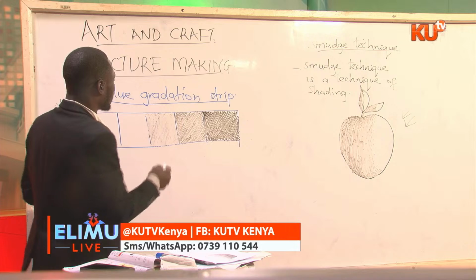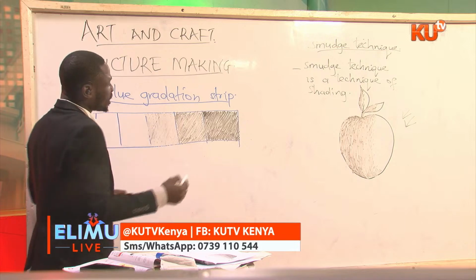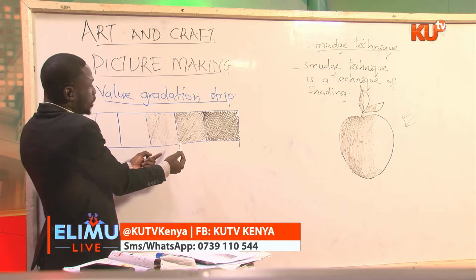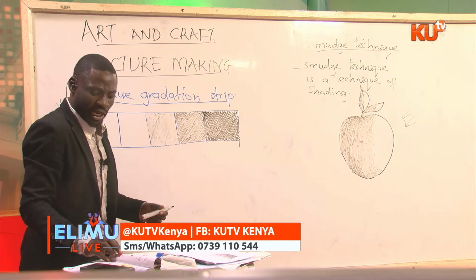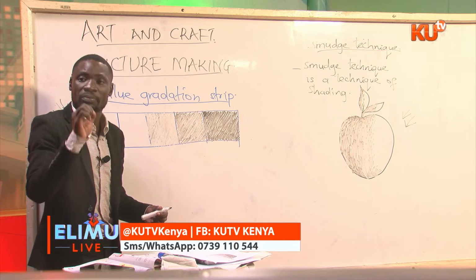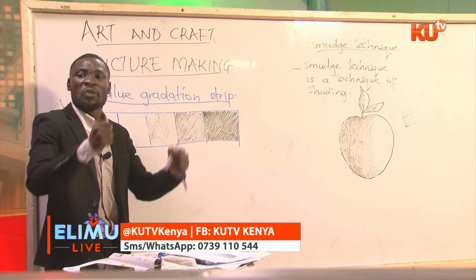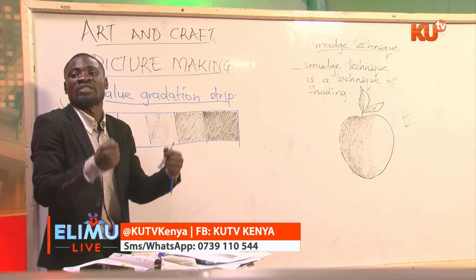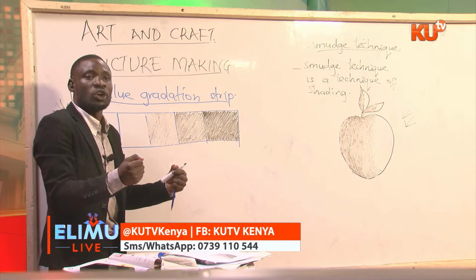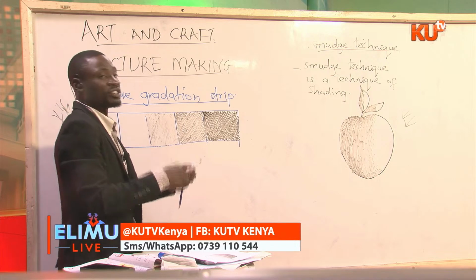Where the light is coming from. So with smudge technique, tonal value helps us to identify which part of an item is darker and which part is lighter.